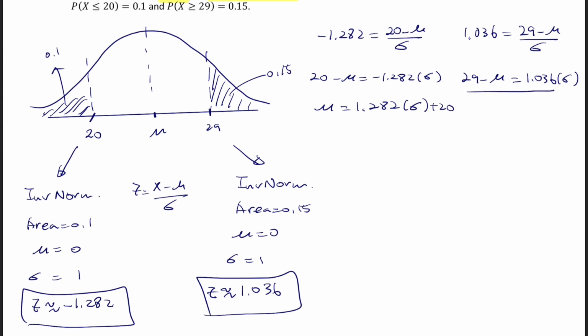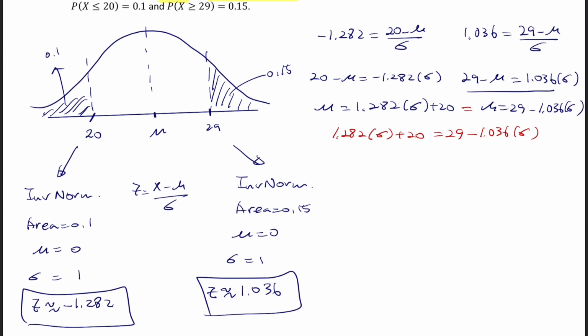And for the second, this is the same as mean equals 29 minus 1.036 times standard deviation. Then we can set these two equal to each other, right? Then we have 1.282 times standard deviation plus 20 equals 29 minus 1.036 times standard deviation.